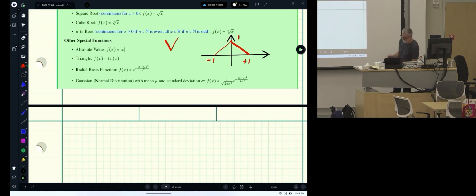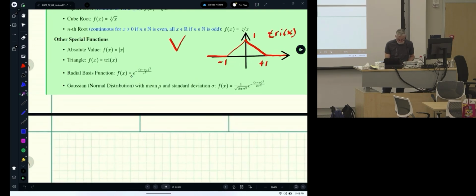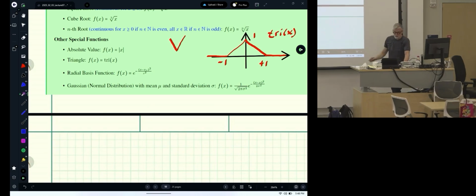That's the triangle function, and it's 0 every place else. So this is tri of x. You guys worked with radial basis functions in Rob 101, and it's the same thing as the Gaussian or standard normal distribution. So tons of continuous functions.